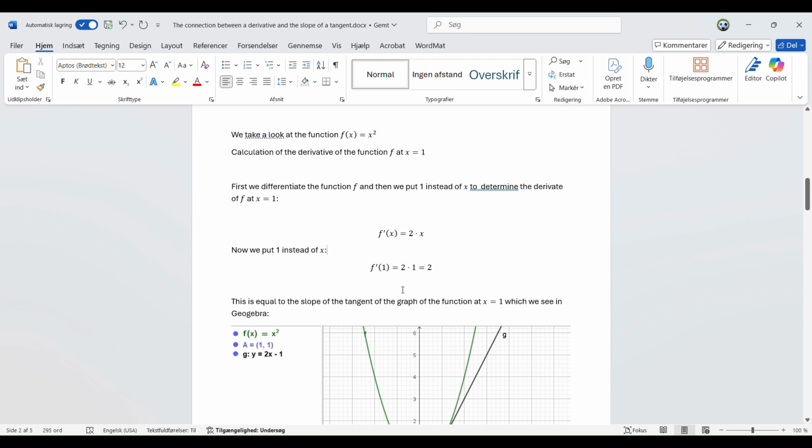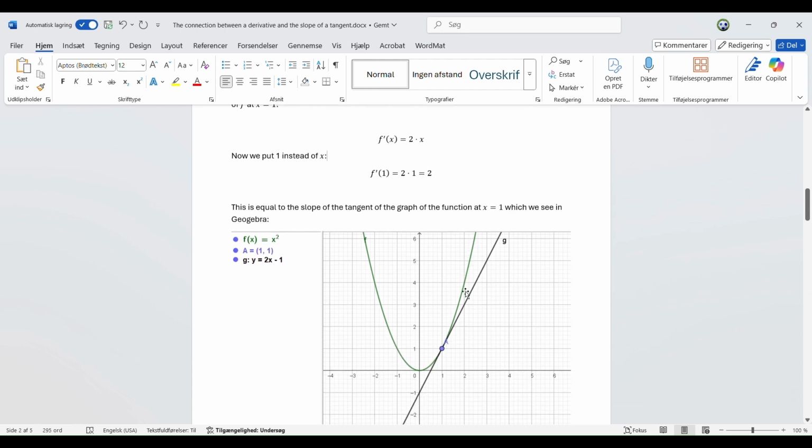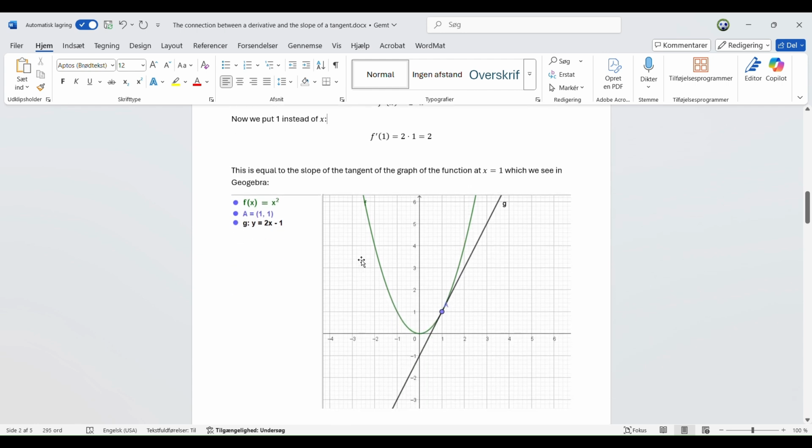To have a view of this graphically, I've put this into my graph program called GeoGebra, and I've put in our function f of x equals x squared. I've gone out to x equals 1 and up to our function, put in a point here, and in the program I can get a tangent to our function at this point.